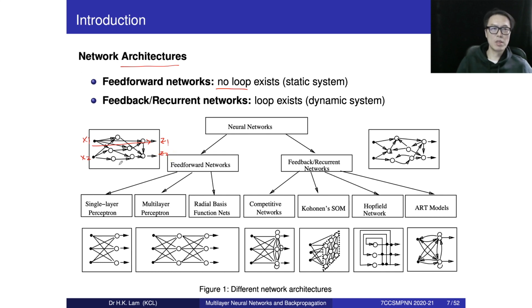Also, z1, z2 do not depend on historical data, that is, the previous samples we input to the neural network. So we call this a static system as well, because it does not depend on time t; the previous data input to the neural network does not affect the current output.